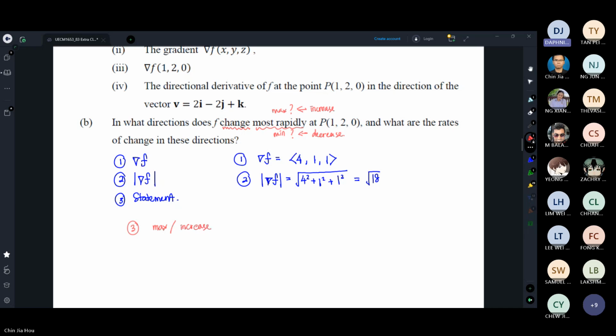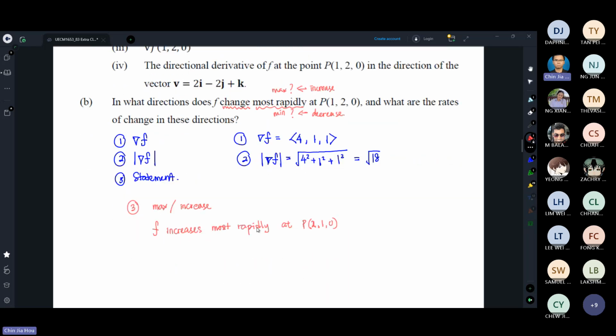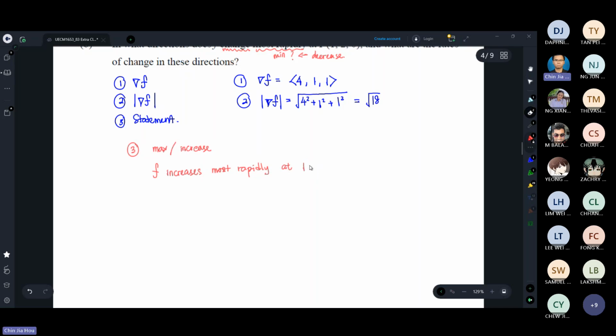All right, for the max and increase case, we say f increases most rapidly at P, meaning the point 1, 2, 0, at this point P, 1, 2, 0, in the direction of the gradient vector, the maximum rate of change is square root of 18. You see, a plus square root of 18, it must be positive.